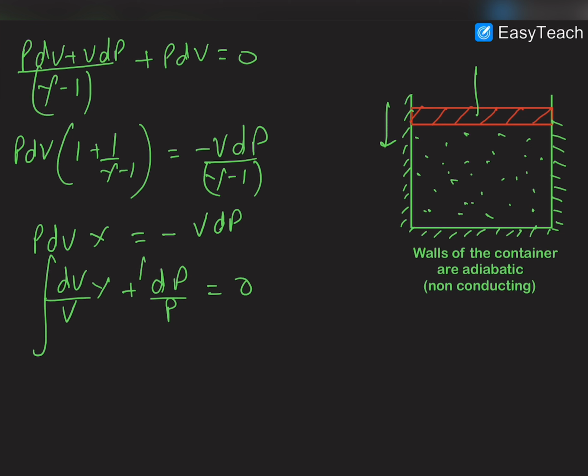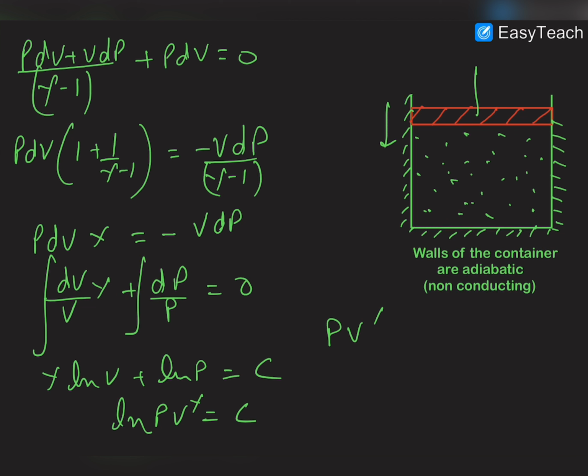And if we integrate these terms, then it would be ln V into gamma plus ln P is equal to C, where the integration of 0 is C, because differentiation of C is 0. So this is ln PV to the power gamma is C. You know the property of log that this gamma can jump on the power of volume. So we can say that PV to the power gamma is constant, and this is the process equation of adiabatic process.